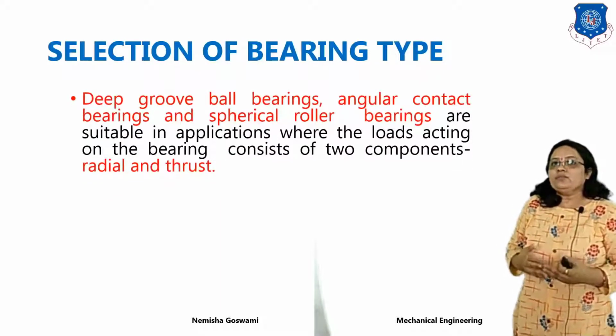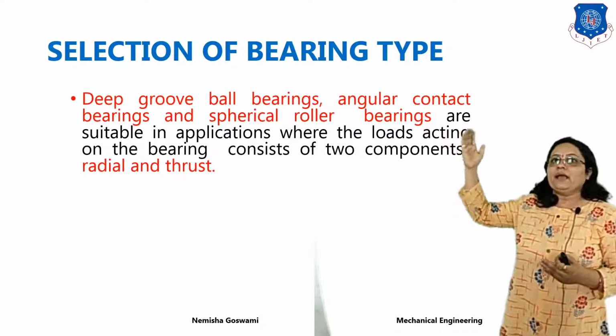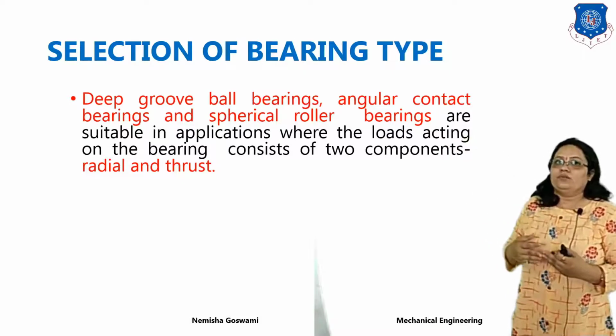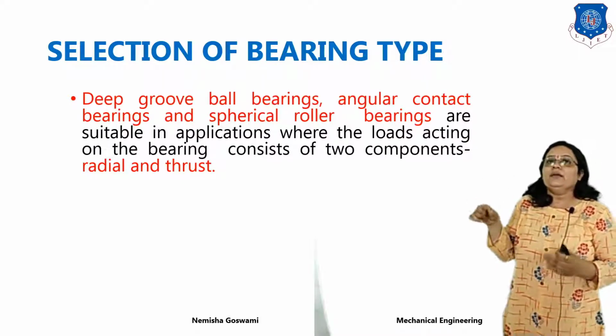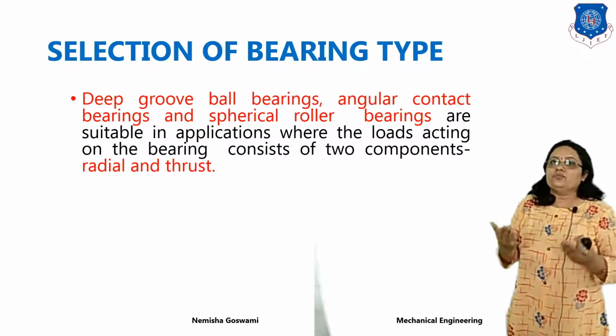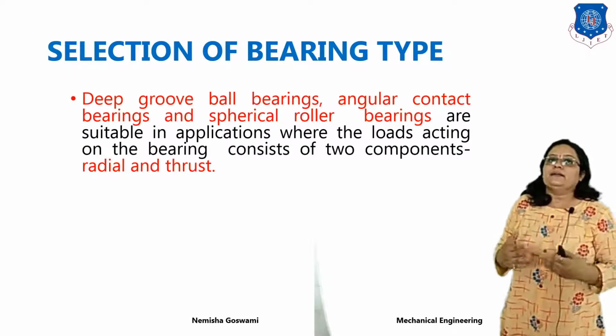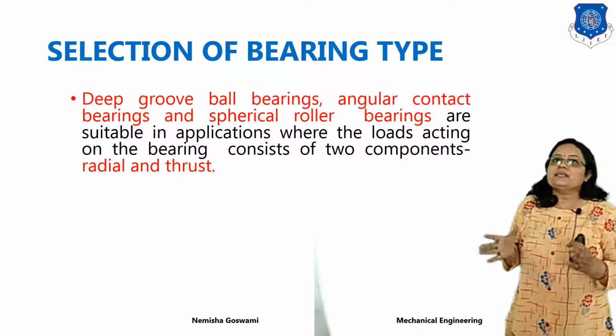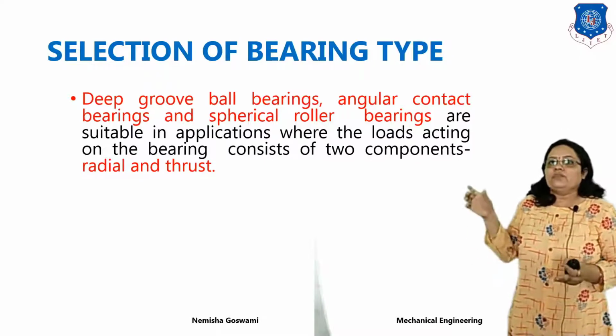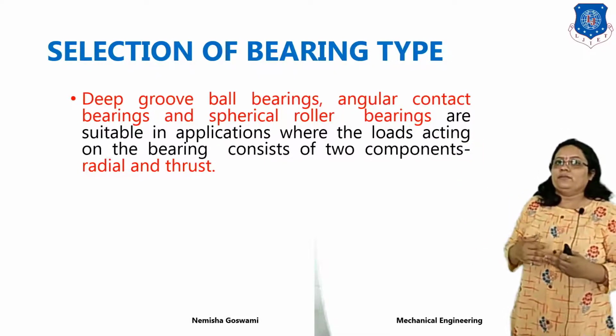Again, where do we use deep groove ball bearing, angular contact bearing and spherical roller bearing? We have already seen that spherical roller bearings are used where misalignment is required or happens.